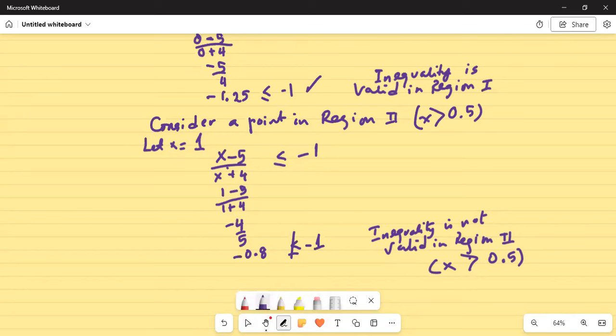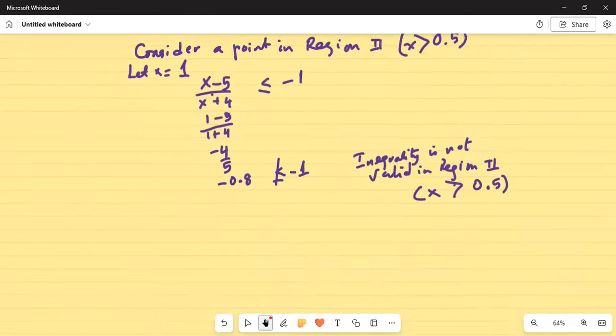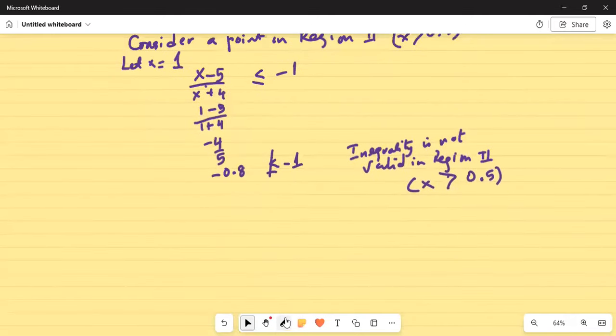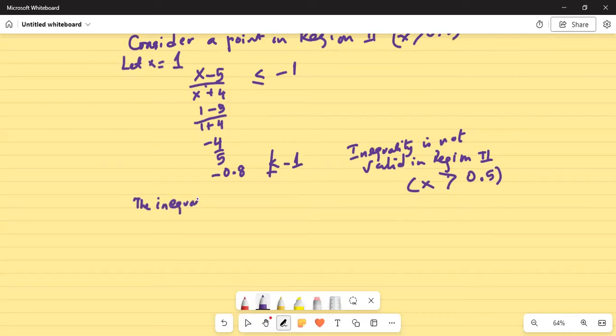Okay, I had to reconsider my case again. So let me first create some space. So remember, the inequality given is (x - 5)/(x + 4) less than or equal to minus 1.